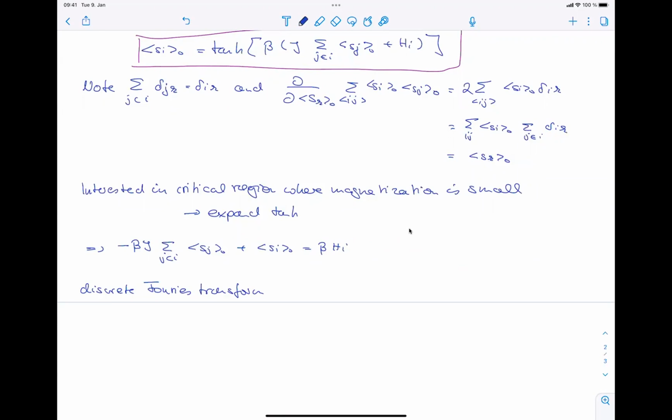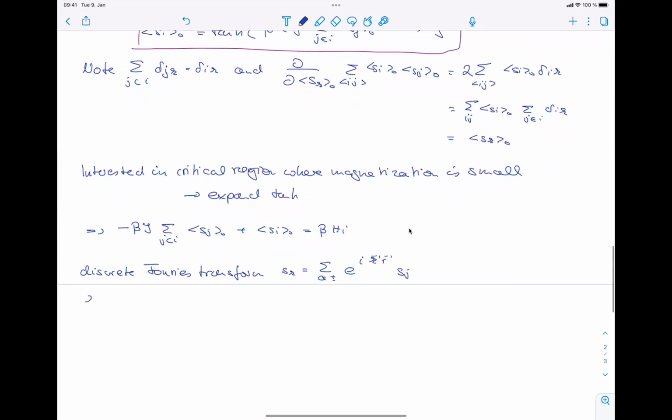Where we now define S_k as the sum over our lattice of plus minus e to the i k r, s_j. I'm sorry, this doesn't need to be up there. s_j. There we go.